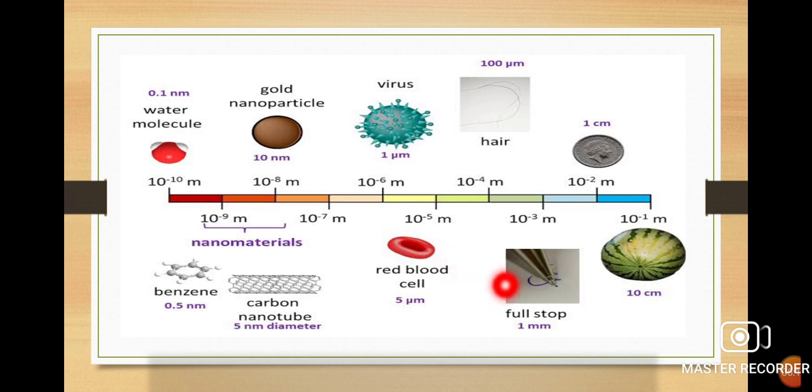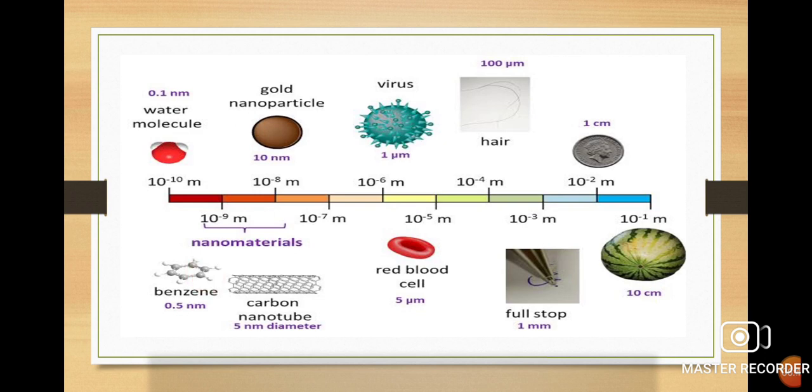This is the scale of millimeters: a full stop, which we use on a daily basis, is 1 millimeter. A coin is 1 centimeter, and this watermelon is 10 centimeters. So this figure shows the different scales from nanometer to centimeter with different examples. Now I think you understand the nanometer scale and the word nano.